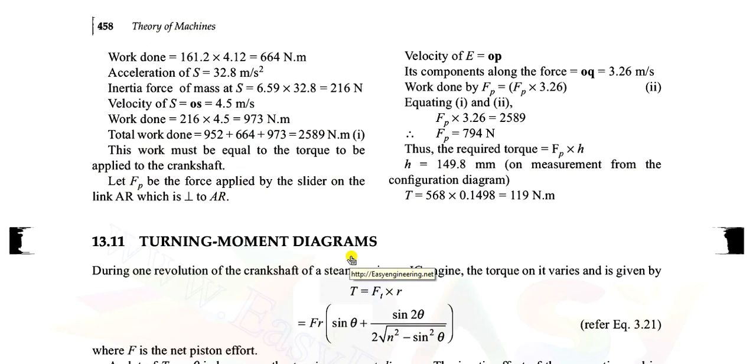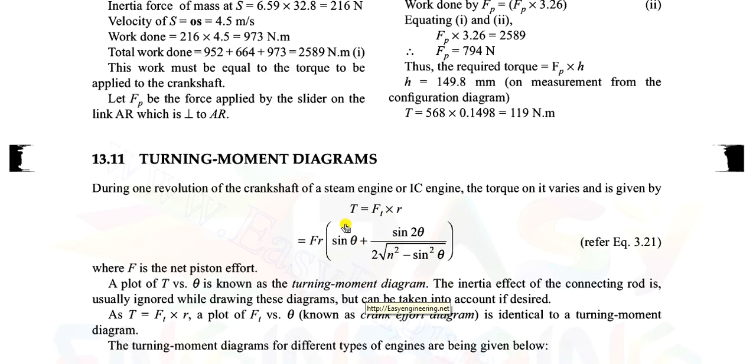If you remember, in the last class we calculated the crank effort, which was Ft. Crank effort was Ft and it was acting tangentially to the circle made by the crank. So the turning moment was Ft into R, and we derived that relation.